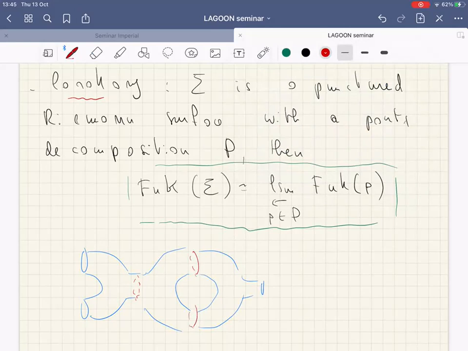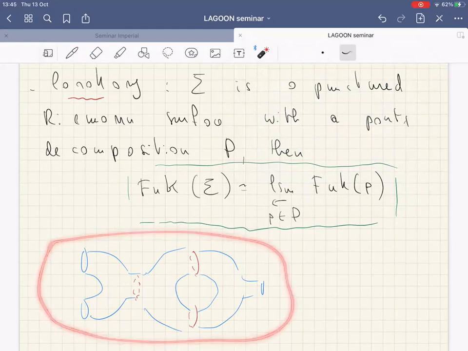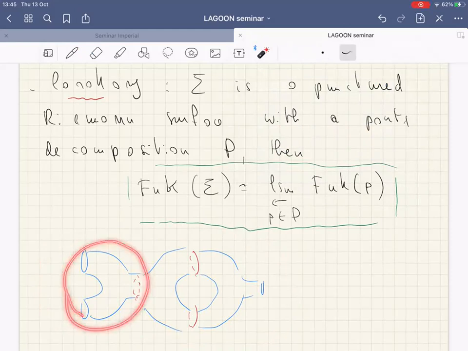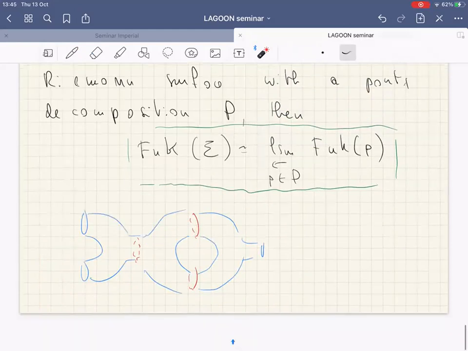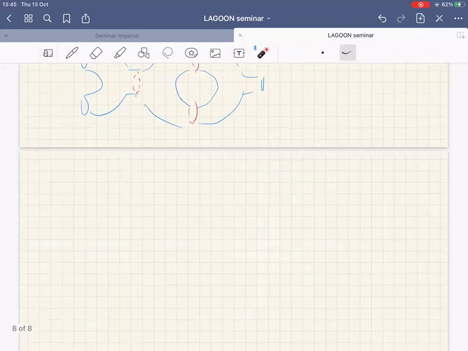What I'm saying is that now there is no skeleton in the picture. If I'm interested in the Fukaya category of this object, it is enough that I understand the Fukaya category of the pants, which I do. And again, this is by now a result that we proved several years ago with James.